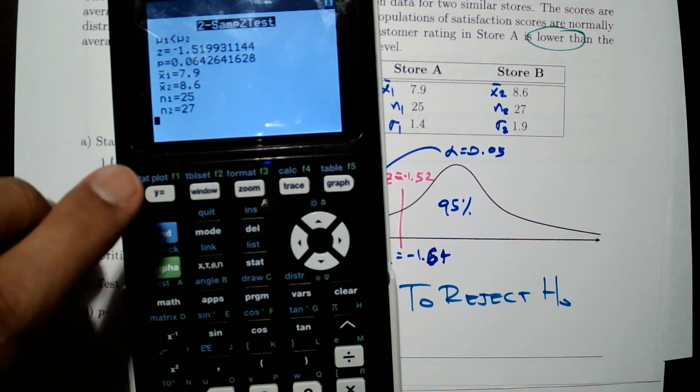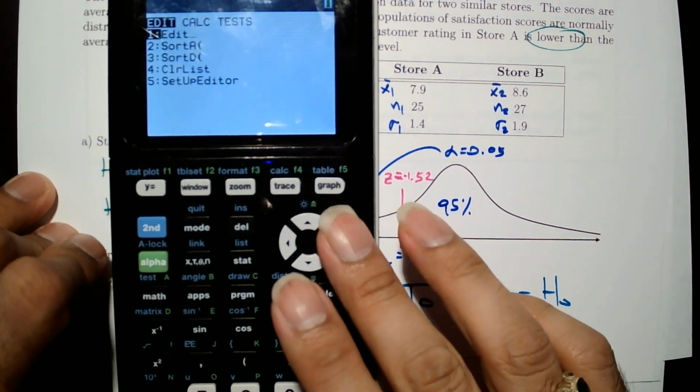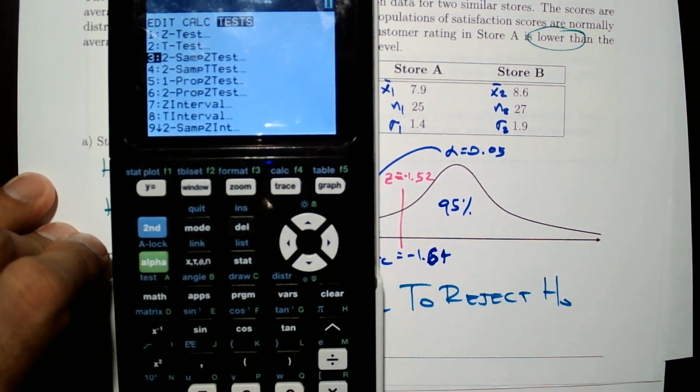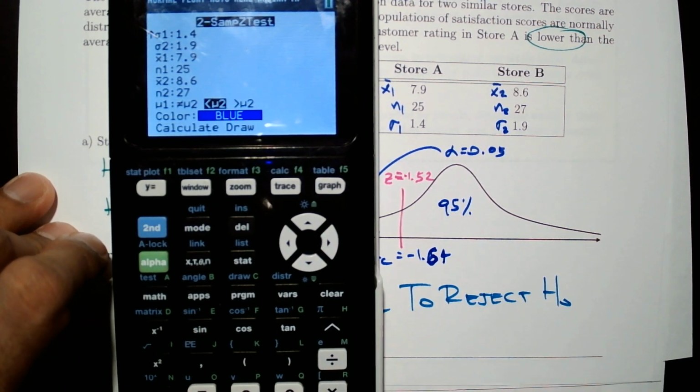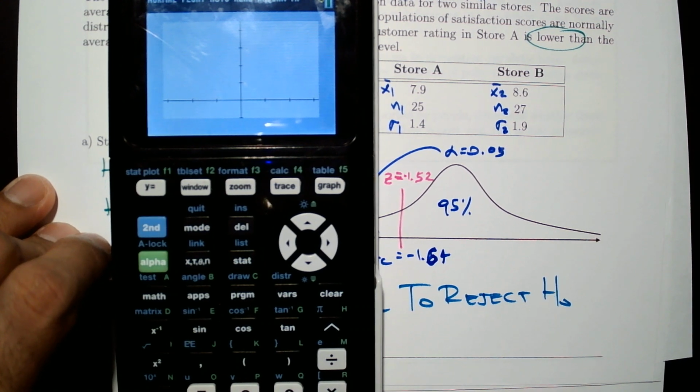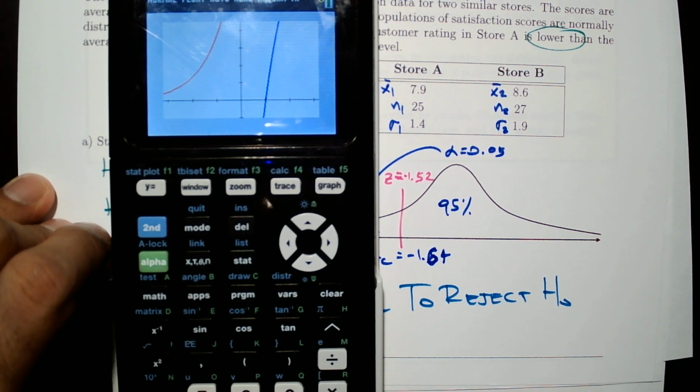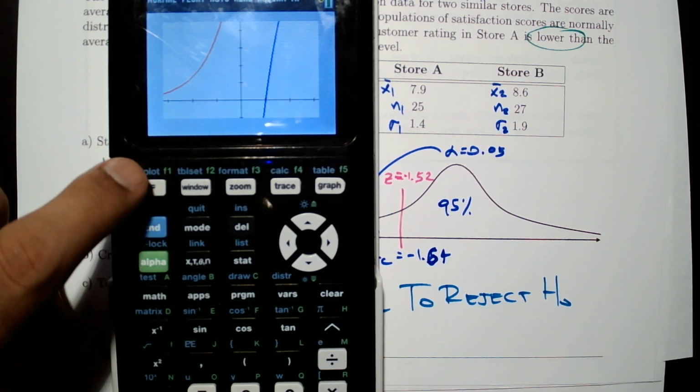Give it a go. Now, I'm curious about what happens here. 2-SampZTest: what if I do Draw instead of Calculate? Never mind.